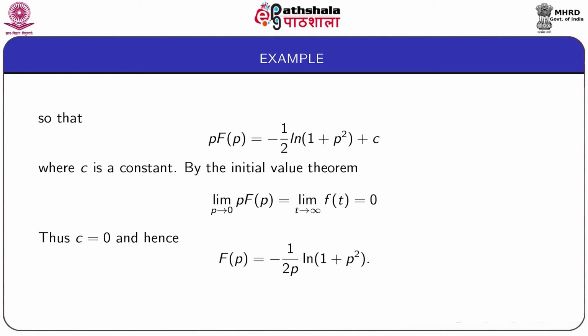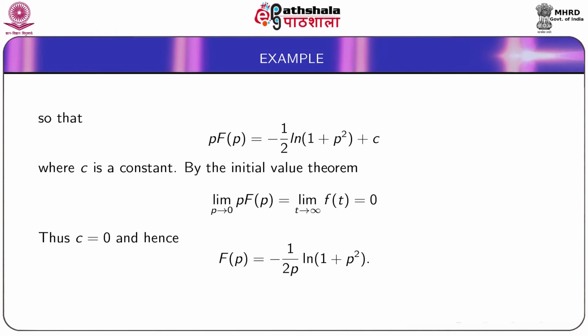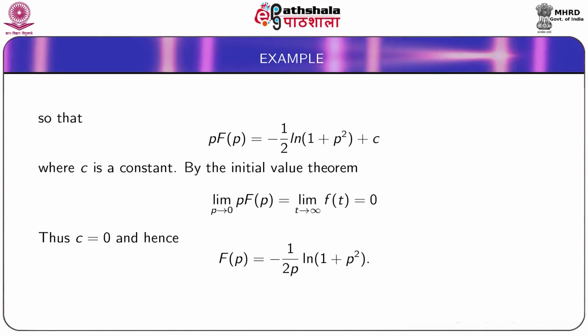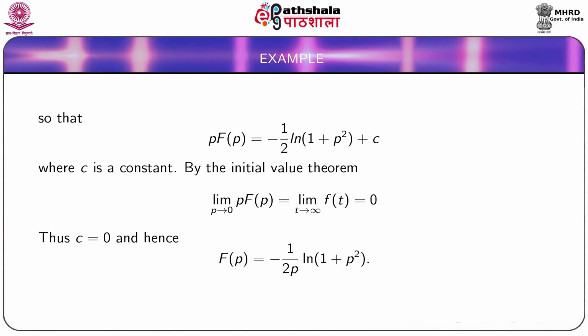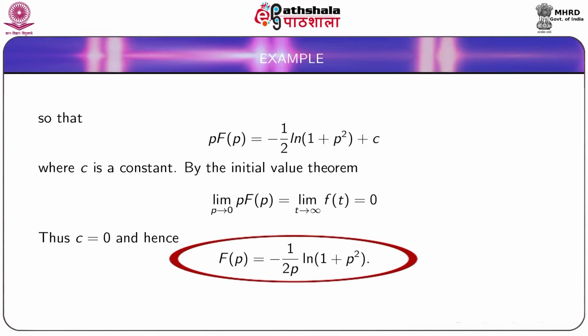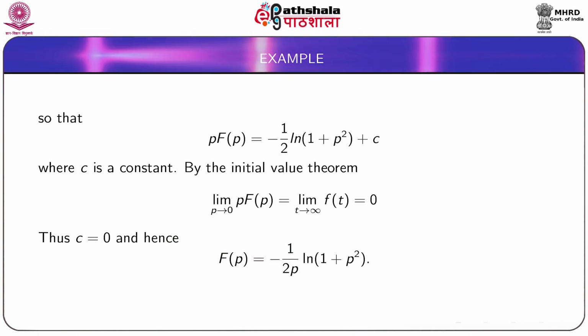So we get by the theorem, limit p tends to 0 of p F(p) equal to limit t tends to infinity of small f(t), and that is equal to 0. Using this condition, we find that small c equal to 0, and hence capital F(p) is given by minus 1 by 2p log of 1 plus p square.